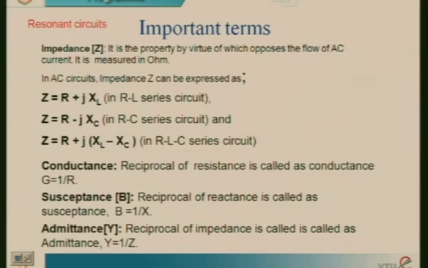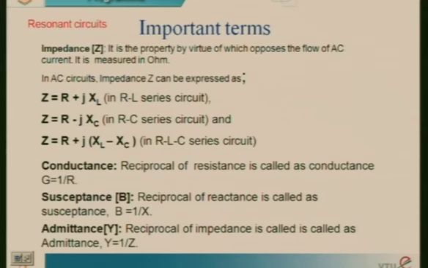Three expressions you can observe here: impedance expressions for RL, RC and RLC circuits. In the RL circuit, impedance Z is equal to R plus jXL. In the RC circuit, Z is equal to R minus jXC. Z is equal to R plus j into bracket XL minus XC in the RLC series circuit.